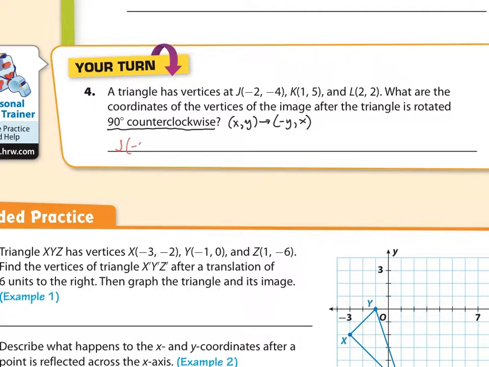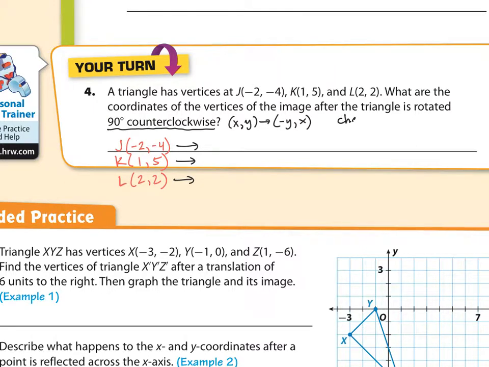J is -2 comma -4. K is 1 comma 5. And L 2 comma 2. Let's transform those. Remember, we're going to change the y. Let me just mark that down.